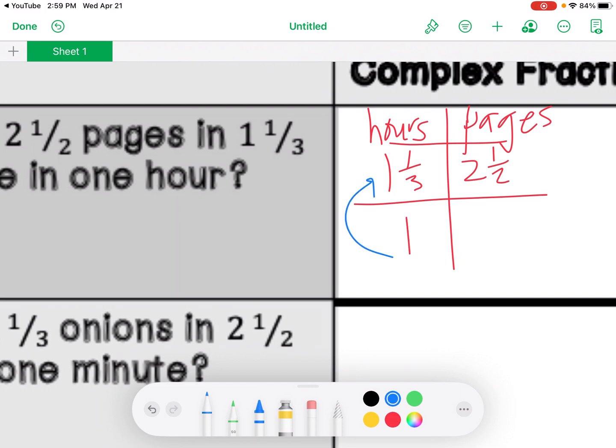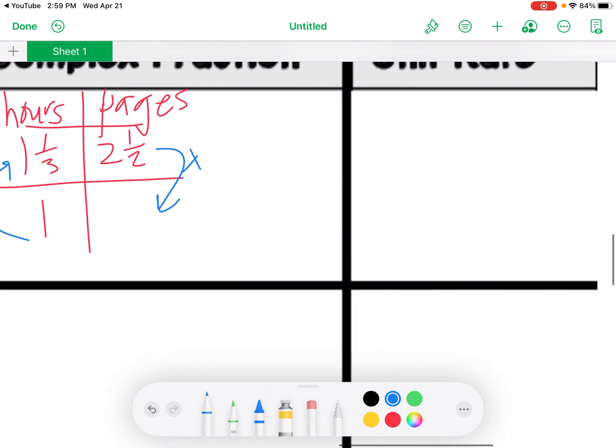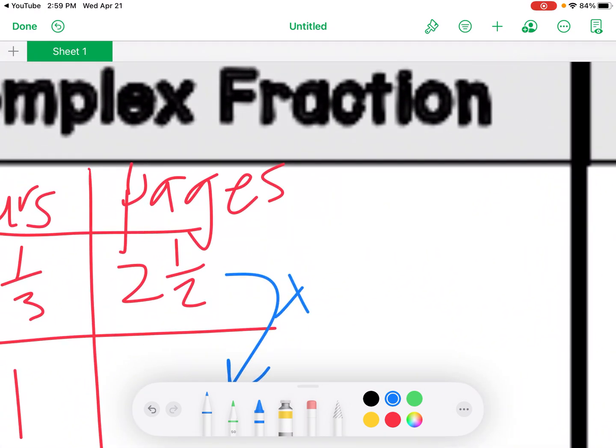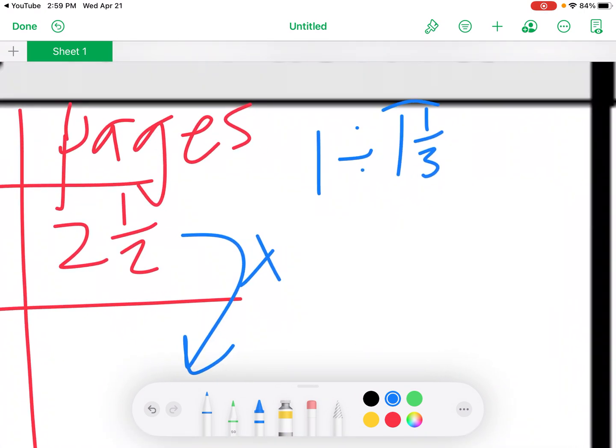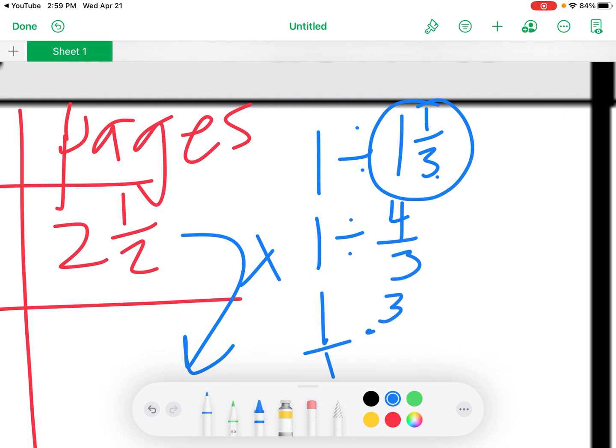So I'm going to divide going up, multiply coming down. So I have 1 divided by 1 1/3. So I've got to go around the world with my fraction. 1 times 3 is 3, plus 1 is 4, so that's 4/3. So I keep, change, flip, 1/1 times 3/4, and I get 3/4.